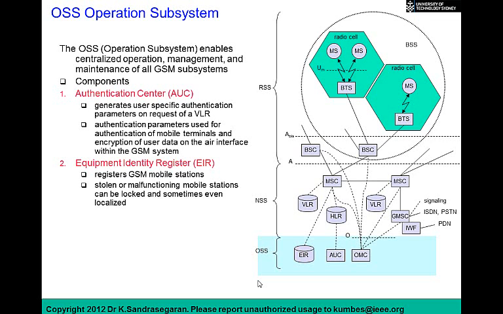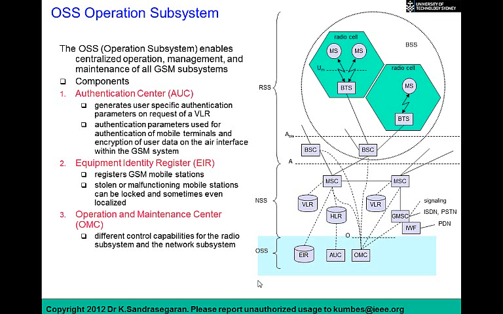For example, if it's stolen or if it's malfunctioning, sometimes handsets can malfunction, which can cause interference in a system, and an operator might decide to shut down a particular handset from being used. So associated with each handset is a unique identity, which can be used by an operator to turn it off from being used on a network.